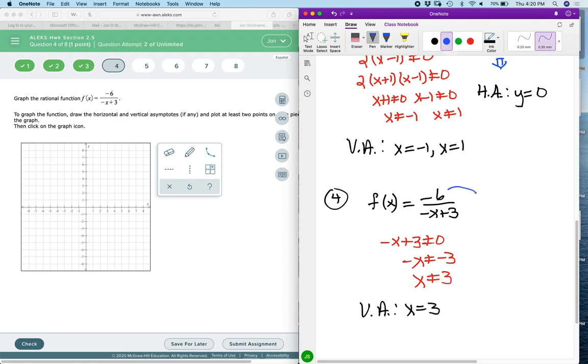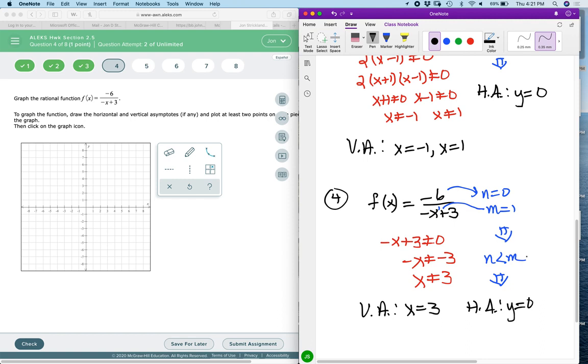Where the horizontal asymptote comes in, the degree of the numerator is 0. The denominator has a degree of 1. And so in the relation, n is less than m, and so there's going to be a horizontal asymptote once again at y is equal to 0.